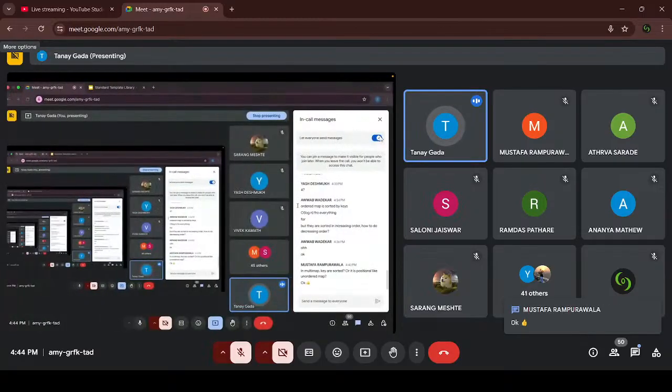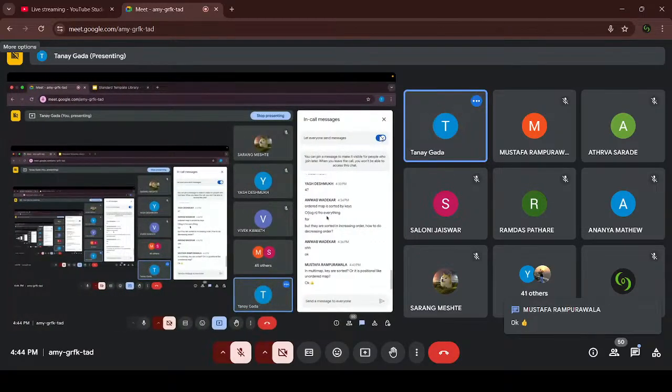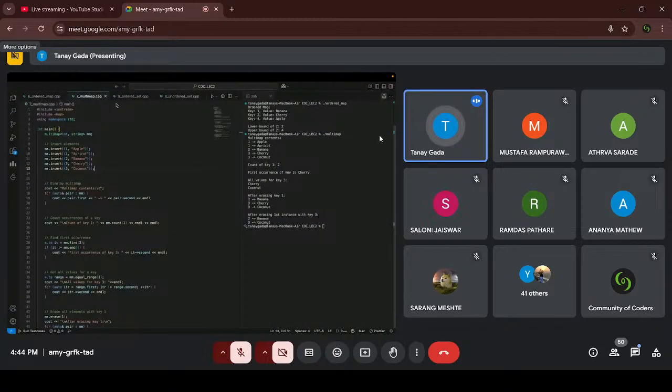So what did we see till now? It was unordered map, ordered map, and multi-map, right? Similarly, we have unordered set, ordered set, and multi-set. What does set store? Set only stores a key value, only an element. It does not store a key-value pair.